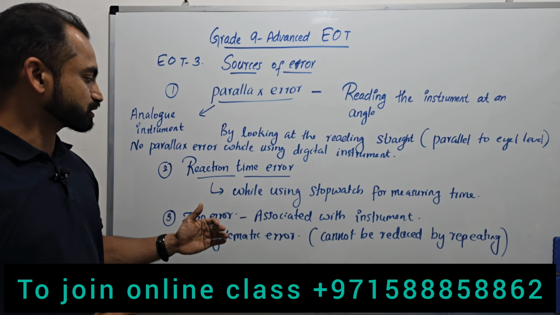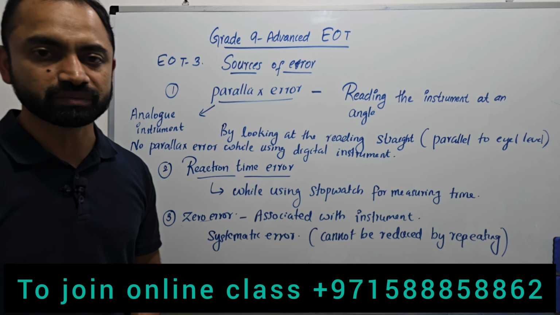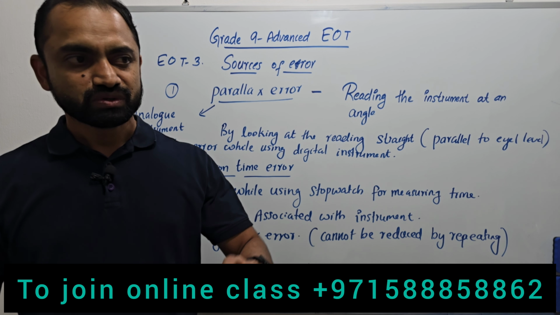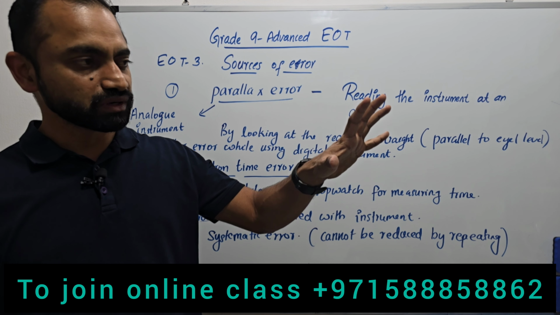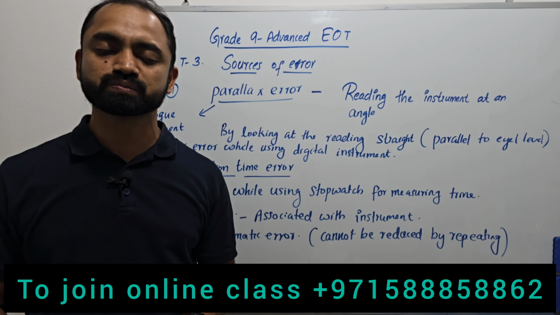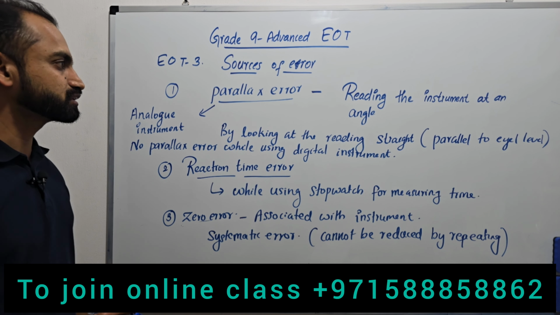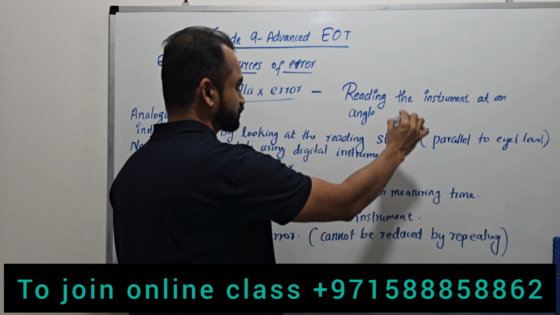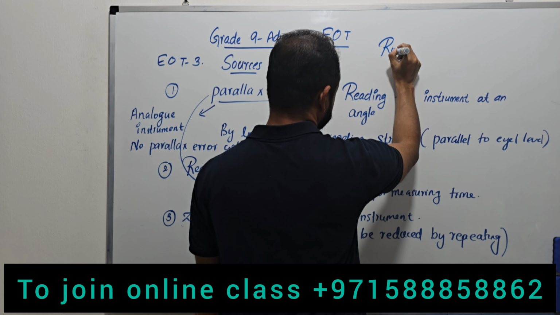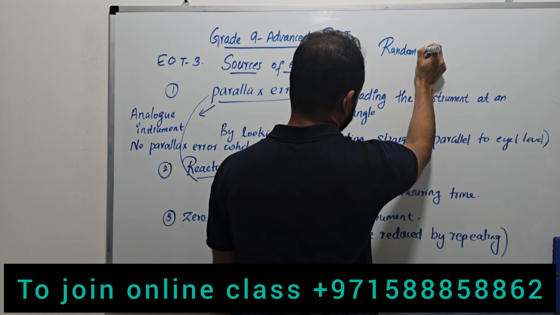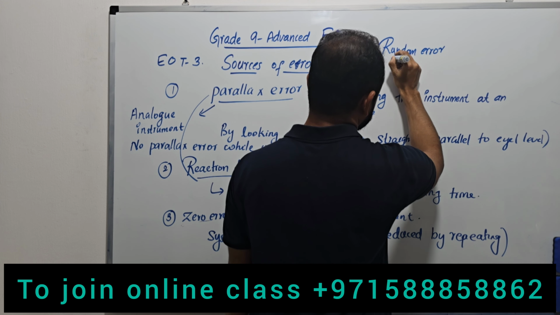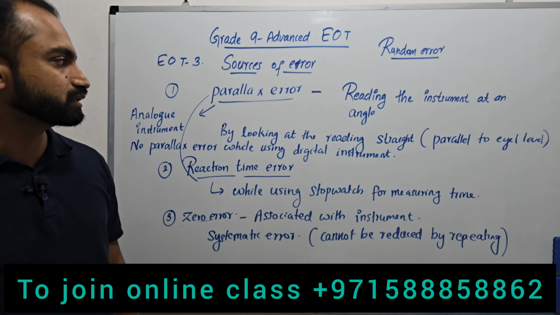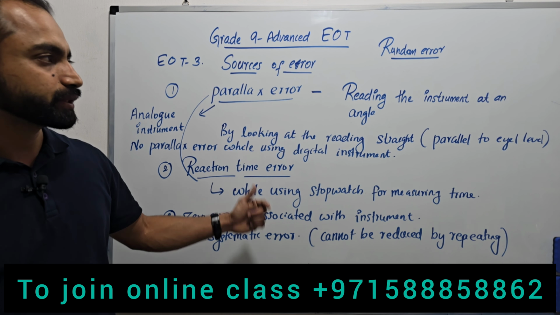But parallax error and reaction time error depend on the person doing the experiment. The sources of error that depend on the person doing the experiment are called random errors. So these two, parallax error and reaction time error, are called random error. Random error can be reduced or avoided by repeating the experiment.